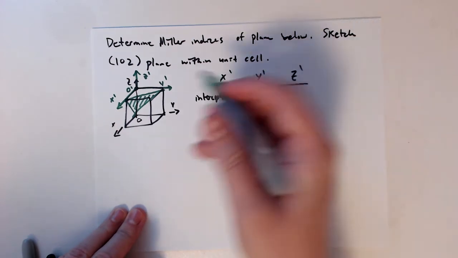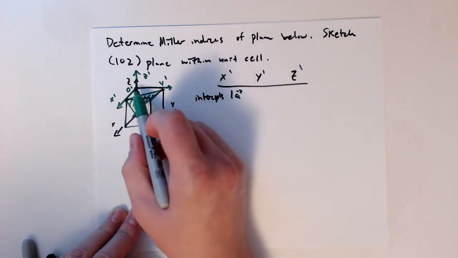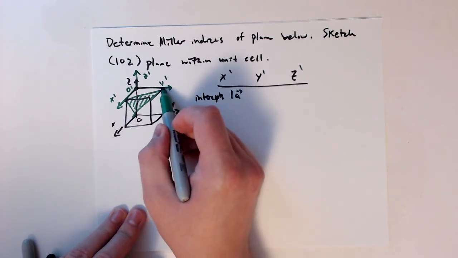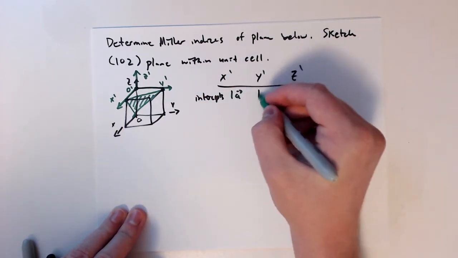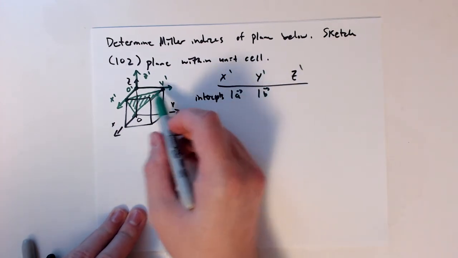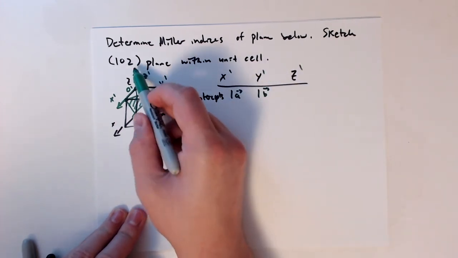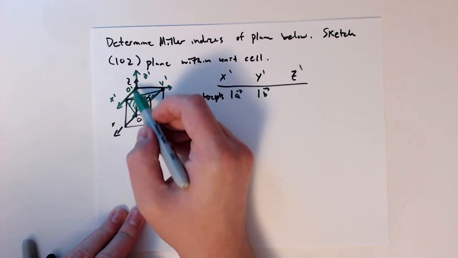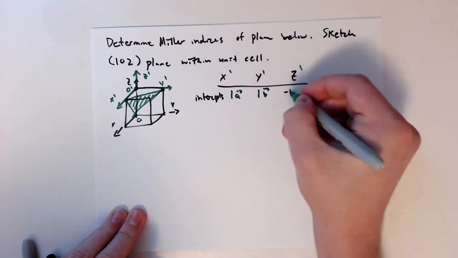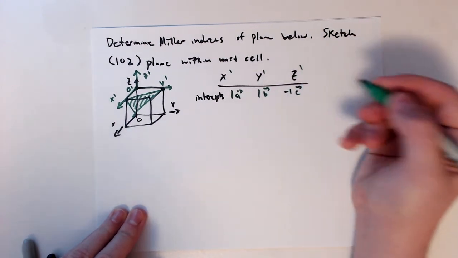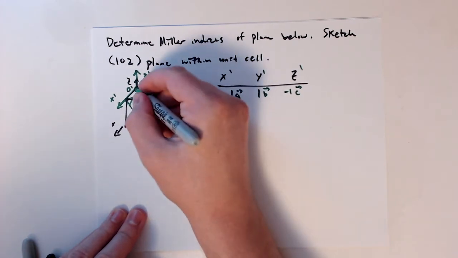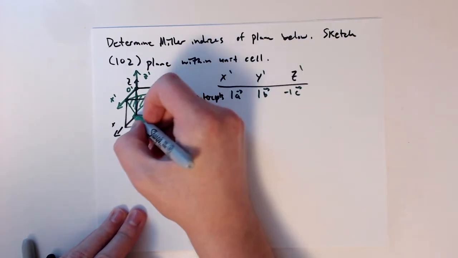If I look at the y prime axis and where that intercepts the plane, it's over here at +1 times the b vector. And then if I look at the z-axis, you can see that it's actually going down, so it's the negative z-axis, and it's -1 times the c vector. So those are my intercepts with these various axes, and the z one is down here, which is negative.